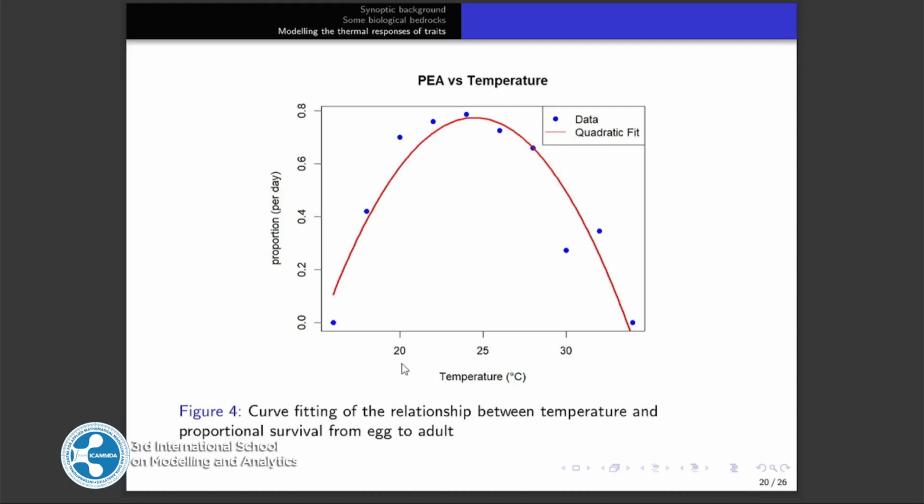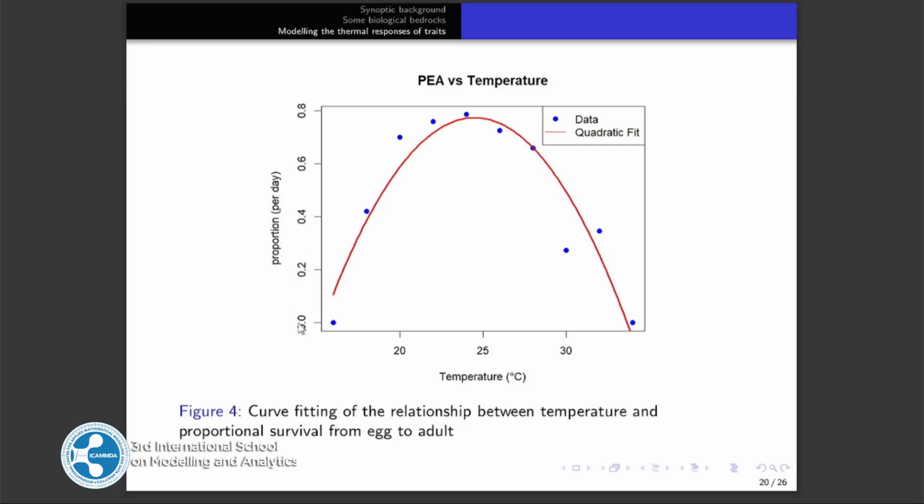So we fit this quadratic curve to this data to use that equation to represent the relationship between probability of survival from egg to adult, making it temperature dependent. Looking at our graph, this shows the relationship between temperature and proportion of eggs that survive from egg to adult.